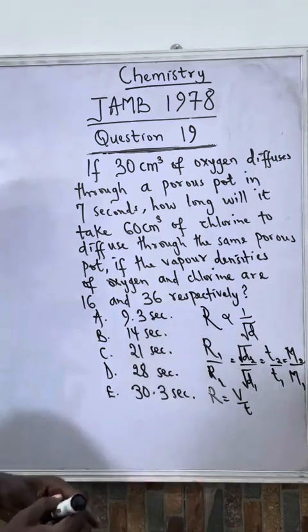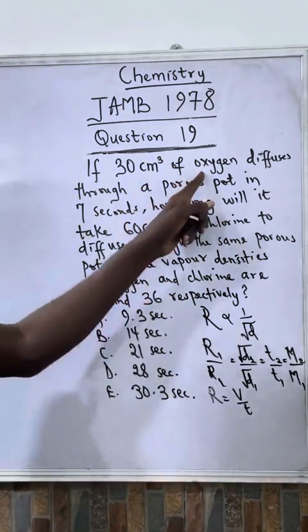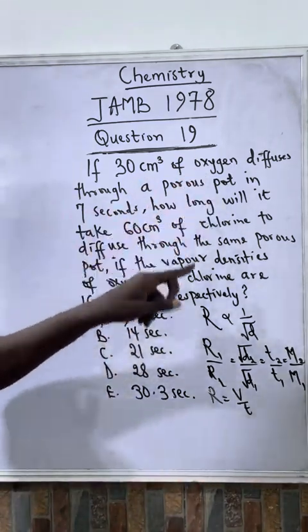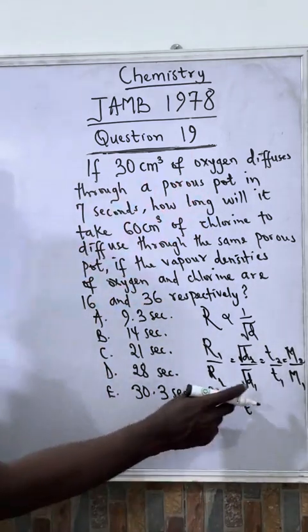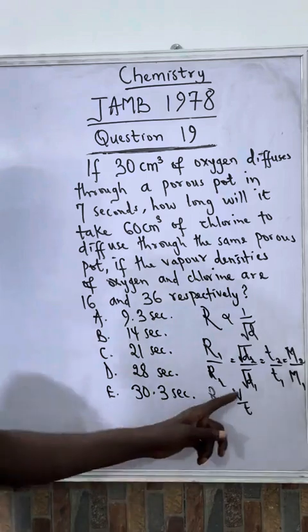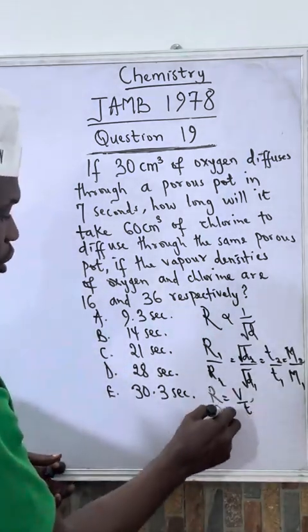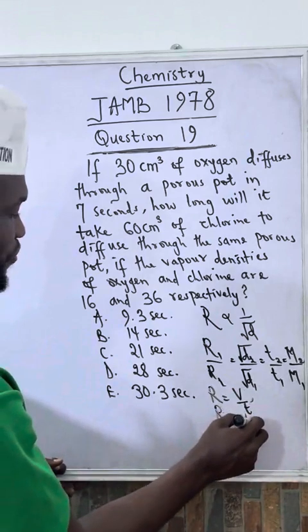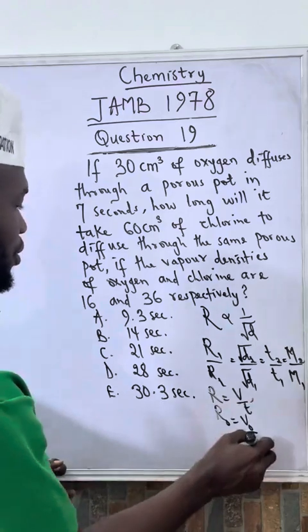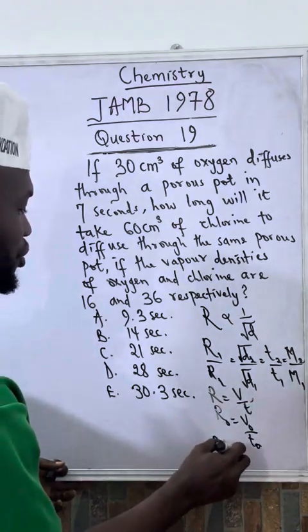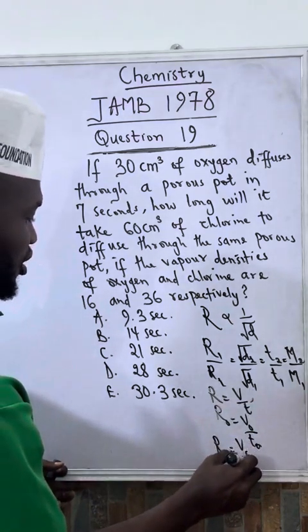So for the first gas, oxygen, we have R naught, that is V naught all over T naught. Then for chlorine, we have RC, which will be equal to VC all over TC.